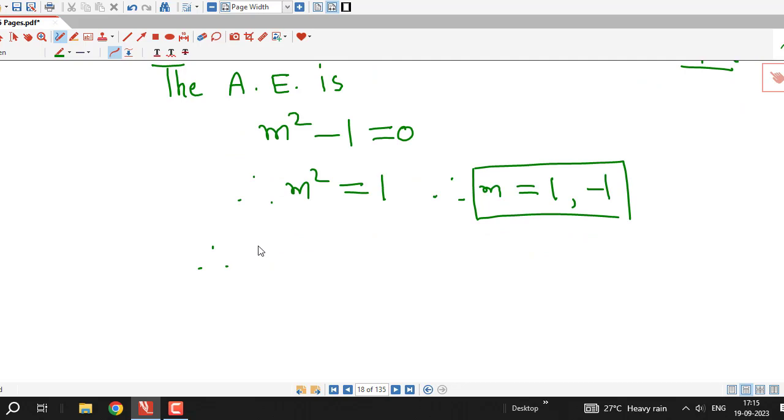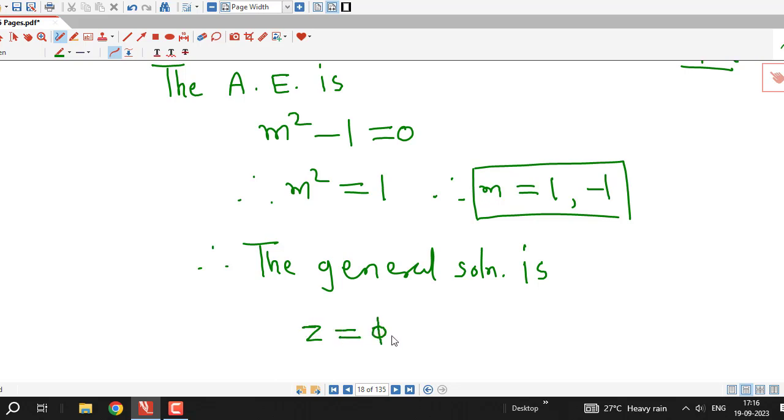Therefore the general solution of the given equation is z equal to phi 1 of y plus mx, the value of m is 1 and minus 1, so y plus 1 into x, that is x, plus phi 2 of another value, minus 1, that is y plus minus 1 into x, that is y minus x.